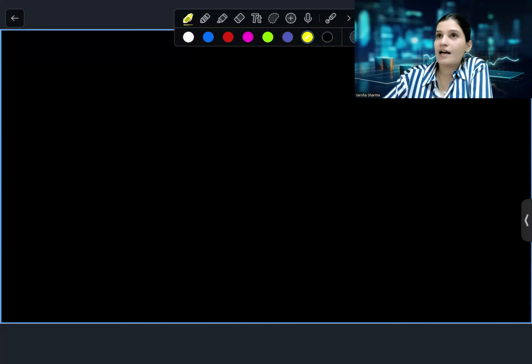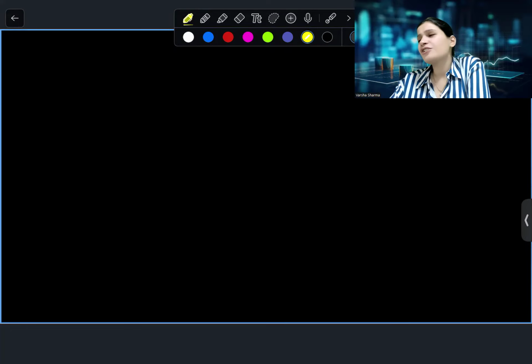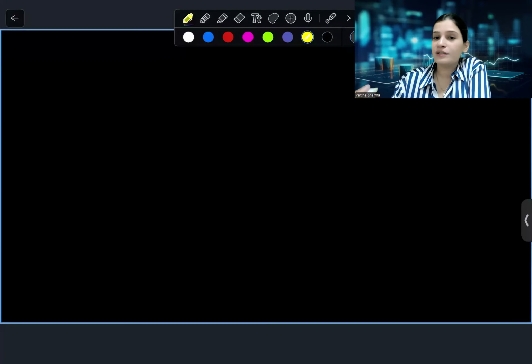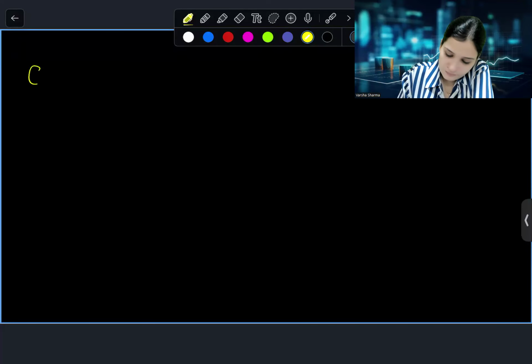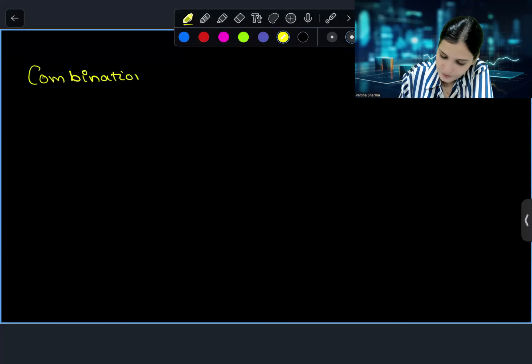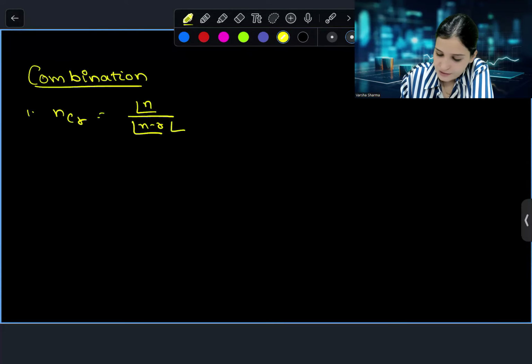Now let's start combination. In combination, we mainly have formulas. So let's note down all the formulas and then we'll do the sums accordingly. First, NCR is factorial n divided by factorial r times factorial n minus r. We don't really use this; we'll be using the tricks. NC0 is 1.